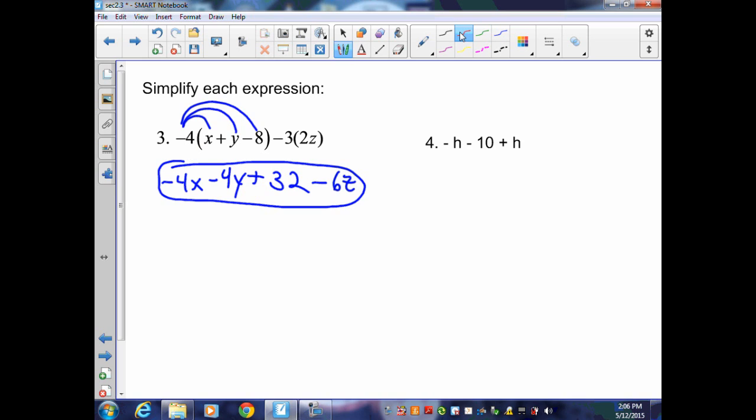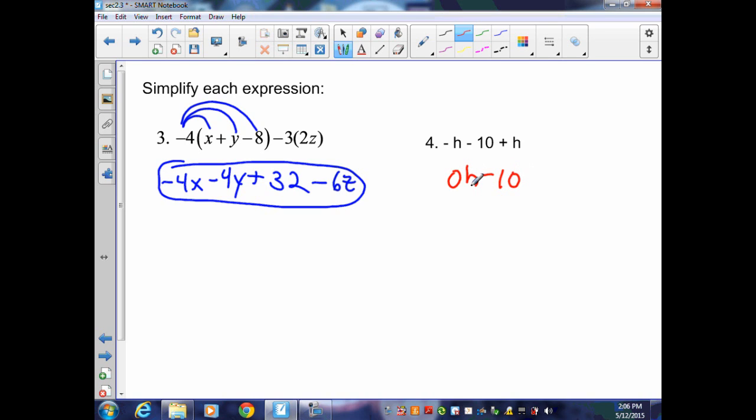The next one, a negative h plus h. Notice here, I use a negative h, and I skip over this because this is a minus 10. But I want like terms to combine. So this is a negative h, and I go all the way over here, plus h. That's really a negative 1 plus 1. A negative 1 plus 1 is 0, h minus 10.